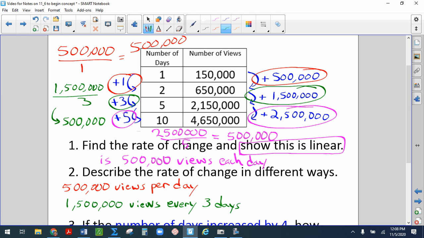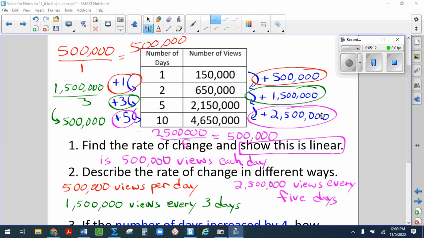And then in pink, we had 2,500,000 views every 5 days. So those are different ways you can describe the rate. What you want to pay attention to when you're describing your rate is using the words. So we're using the number of views, we're using the number of days.